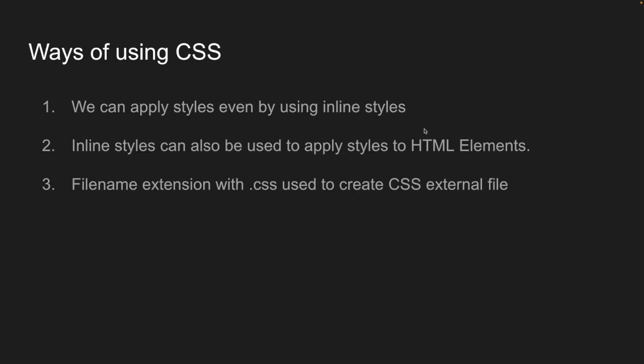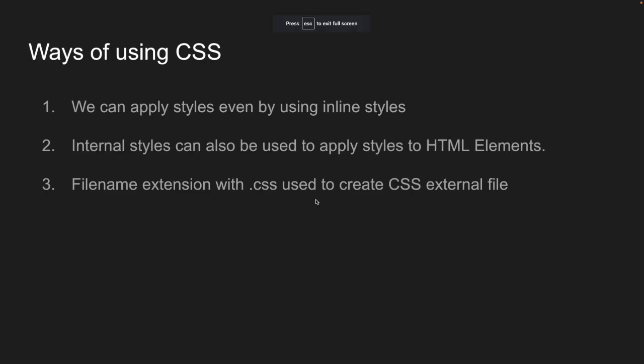And how do we implement this CSS in our HTML? To use CSS, we have three methods. We can apply CSS in three ways. One is inline styles, which means you apply your styles on a particular element itself. Then there are internal styles, which means you apply a set of styles by using a style tag.